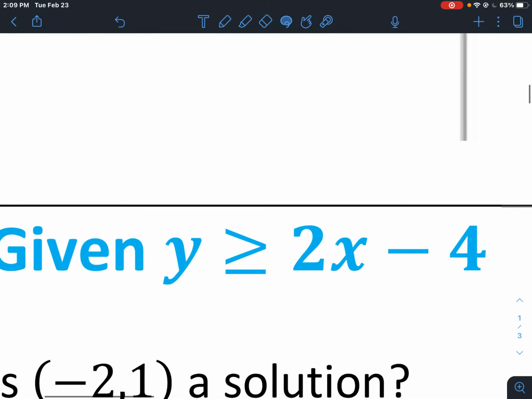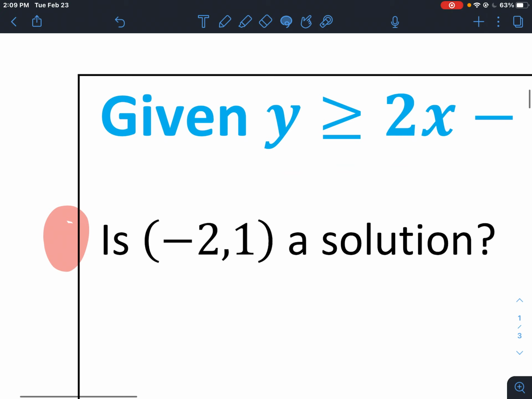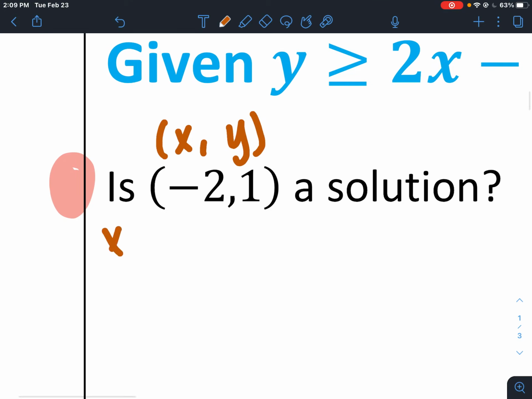We're given this inequality. y is greater than or equal to 2x minus 4. Is this point a solution? Okay, negative 2, 1. Now this is x comma y because it's a point. So my x is a negative 2 and my y is a 1. I'm going to take those values and plug them into the inequality.